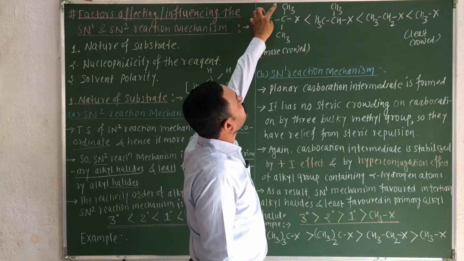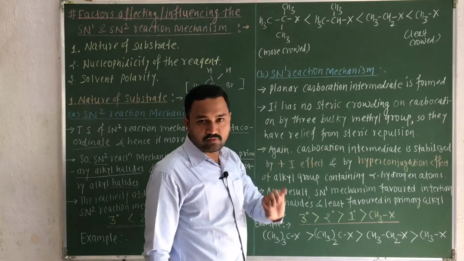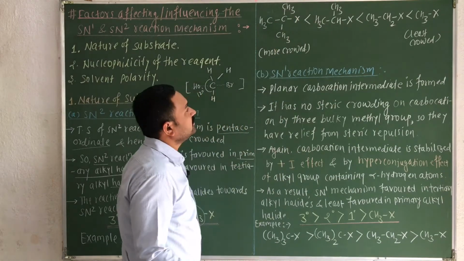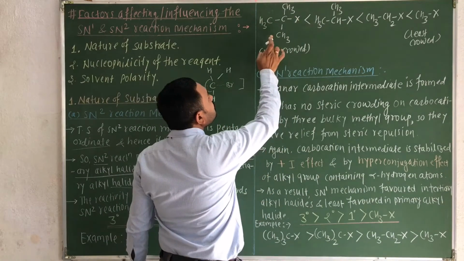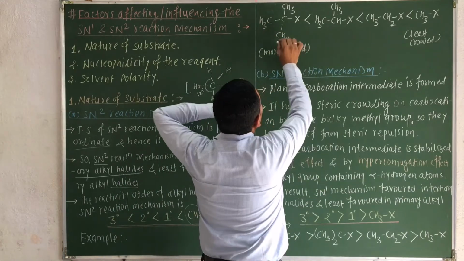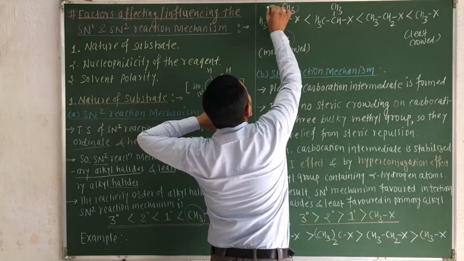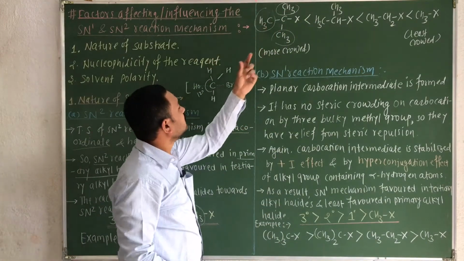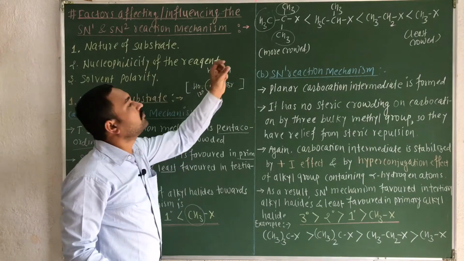Remember, this is nothing but your tertiary butyl halide compound. You can take X as chlorine, bromine or iodine, it doesn't matter. So this is your tertiary alkyl halide, as there are three bulky methyl groups. Just remember these three bulky methyl groups and imagine the penta-coordinated state for this molecule.